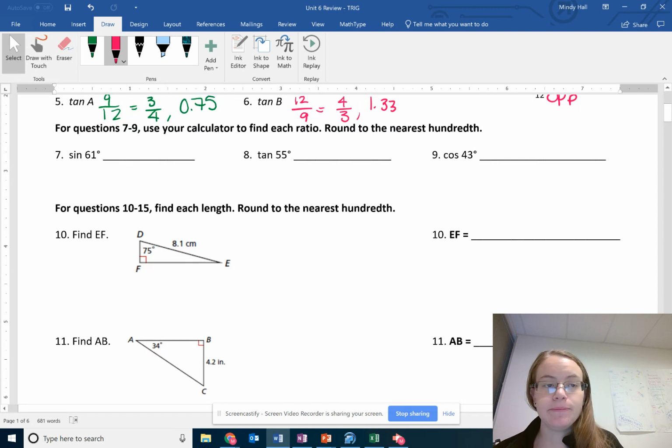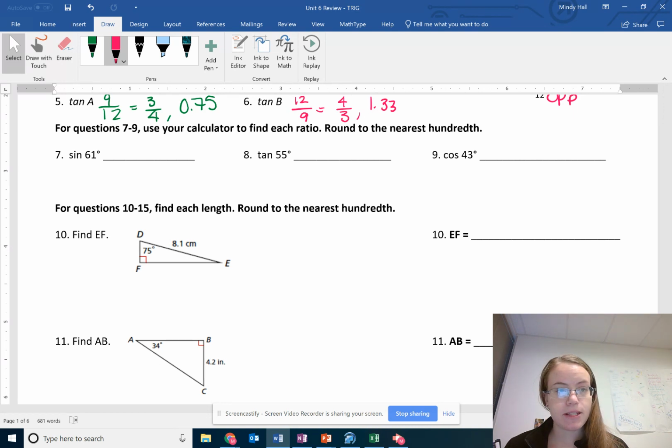For number 7, it is just sine of 61, so that's where you grab your handy-dandy calculator and you just type sine 61. Make sure that you have it in degrees. So when you do sine of 61, it should be 0.874.